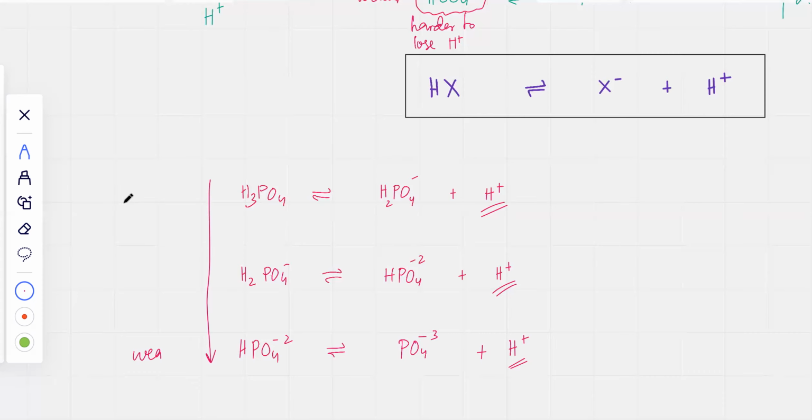It would be very hard for it to actually lose an H plus 1. So this one is going to be the weakest. The first one will have the strongest dissociation. So think of each dissociation as a completely separate, independent dissociation. Hence, your general acid equation would still work, even if it's tribasic, because you're not going to take the three H plus 1 ions together.